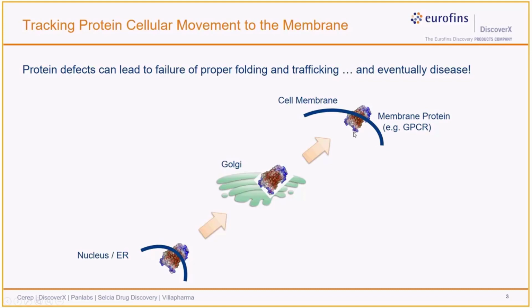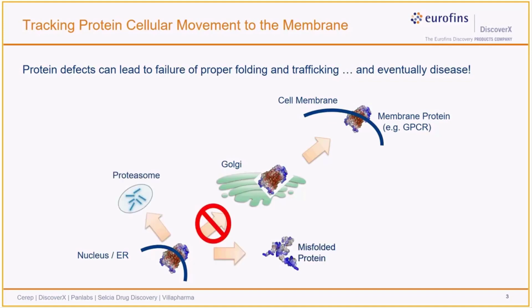However, sometimes defects do occur in the proteins, such as a mutation or truncation, as I mentioned, or deletion, and this can lead to a failure of proper folding, rendering the protein non-functional, and it doesn't make it all the way to its surface to do its function. How cells typically deal with this is via a quality control-like system which prevents misfolded proteins from trafficking properly.